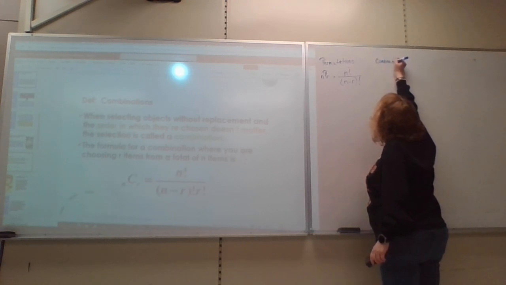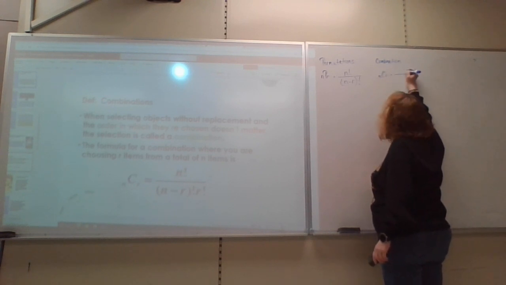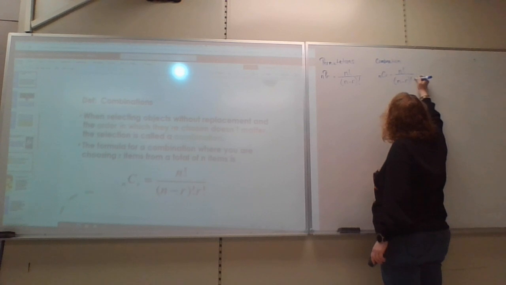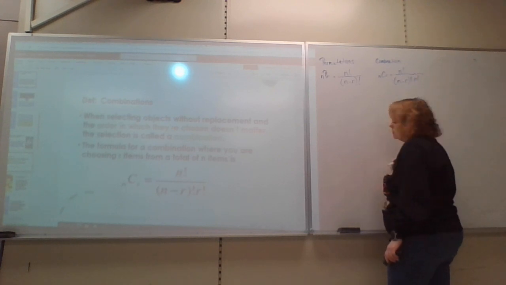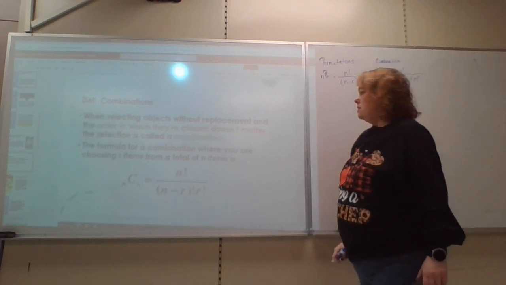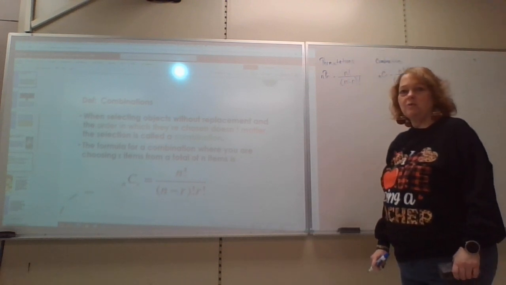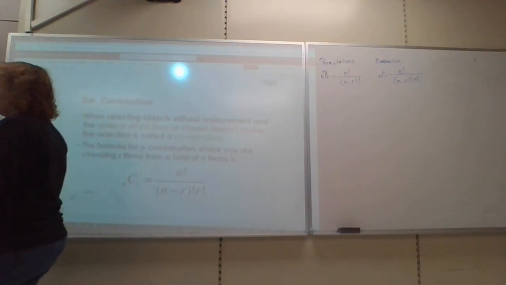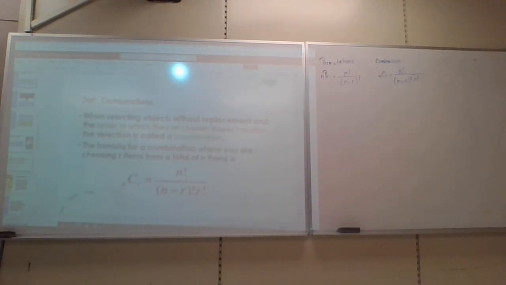Combination, nCr, where we have n factorial over n minus r factorial times r factorial. I'm going to first show you how to do it by hand, and then we'll also do it on the calculator. This is where order doesn't matter. Anybody need a minute to write that down? Okay, you're good.